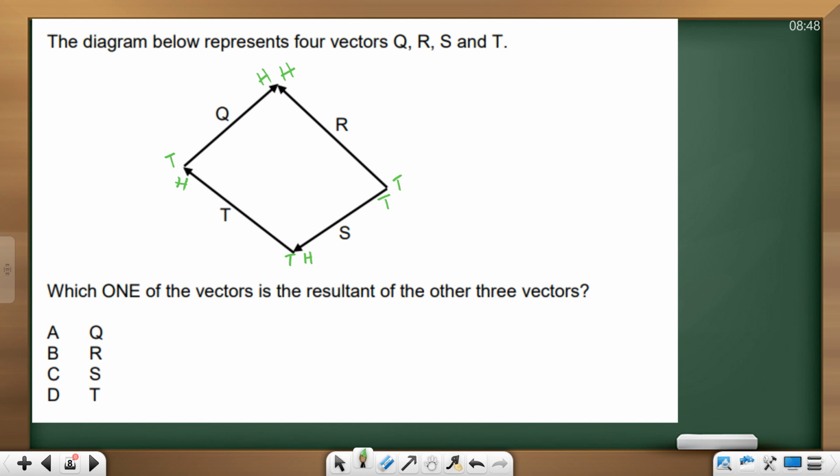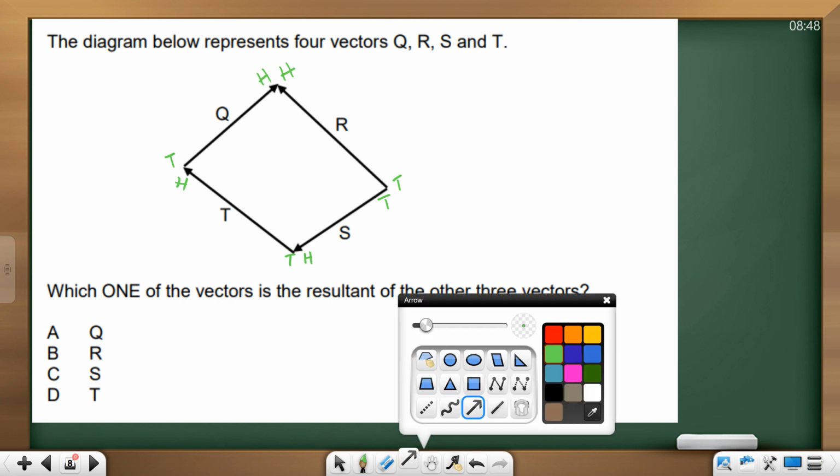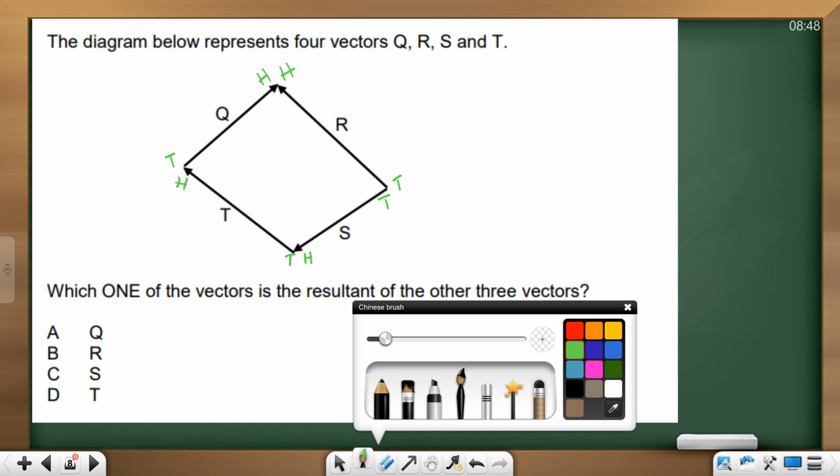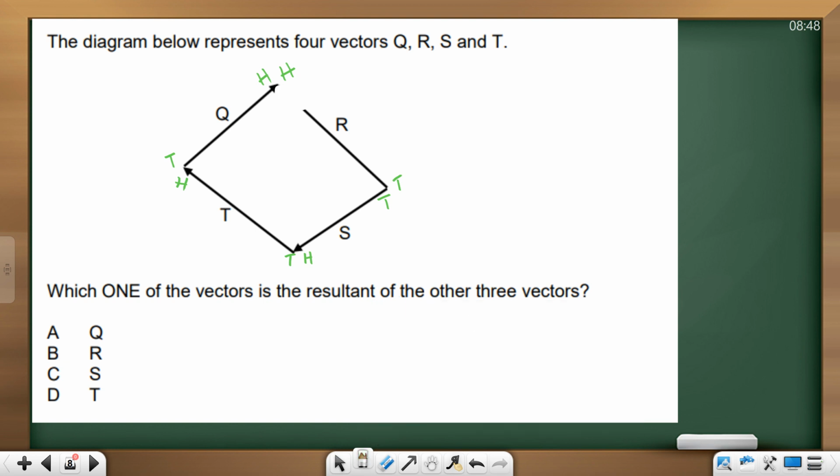And the open head, let me do something for you. Let's see if this is going to make sense. Let's do this. So what do you notice? It's a link. It's continuing. Tail to head, then we connect another one. Tail to head, then we connect another one. What do you notice?